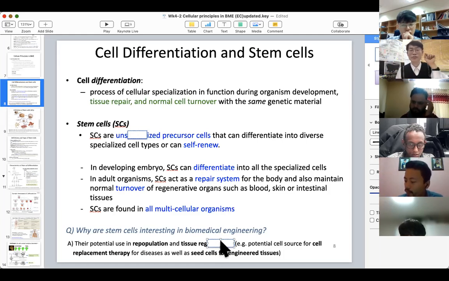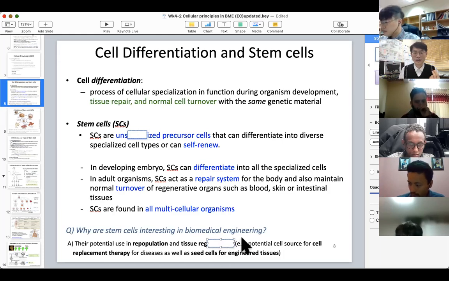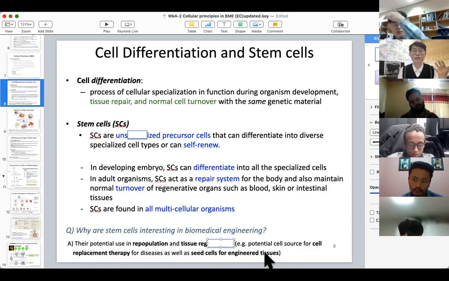So then we have to look for natural ways of repopulating, healing, and regeneration, and that's coming from stem cells. So stem cells are a potential source for cell replacement therapy for disease, and also for engineered tissues such as skin replacement for bone injury. And if we want to seed cells, we had better seed stem cells.